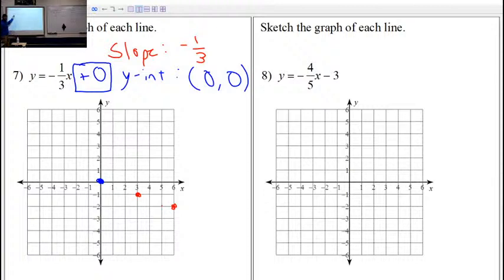Or we can move the other way and move up 1 and to the left 3. And then connect it to make our line. So the y-intercept is going to give us our point to start with. The slope is going to guide us in the direction. That's how we make our line.